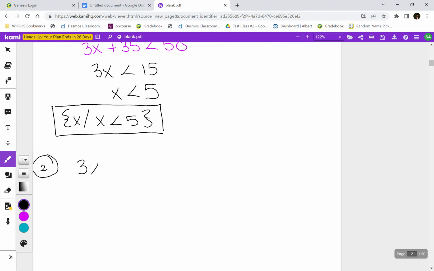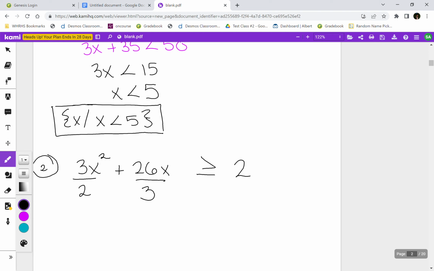So now let's have 3x squared over 2, plus 26x over 3, is greater than or equal to 2. It's an inequality.